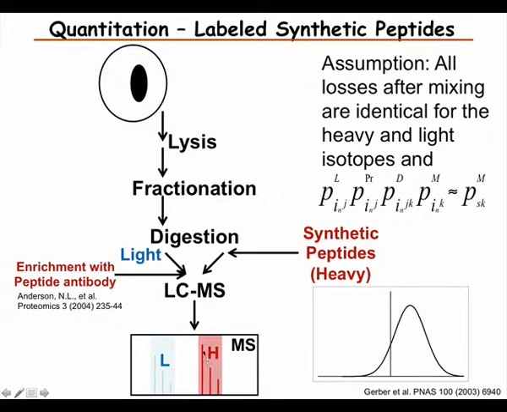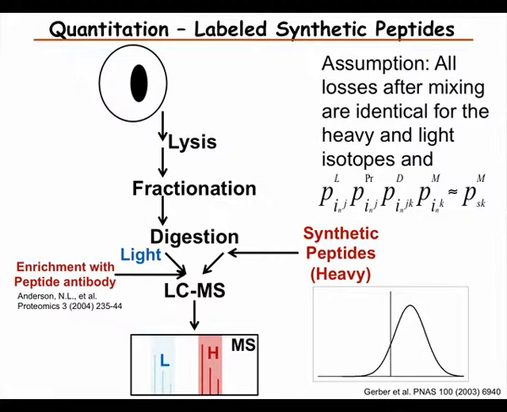And then we can use these relative intensities to determine what the relative amount is of the two corresponding proteins in the sample. And the nice thing is that we will have the measurement of both in the same sample, in the same spectrum. Yeah.